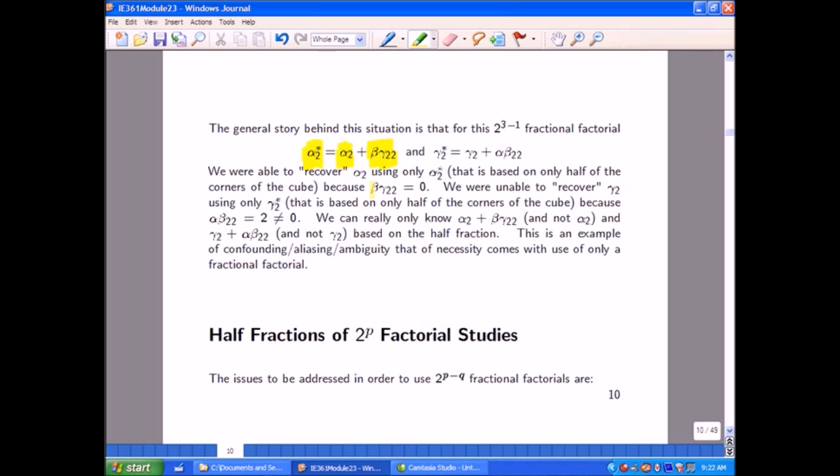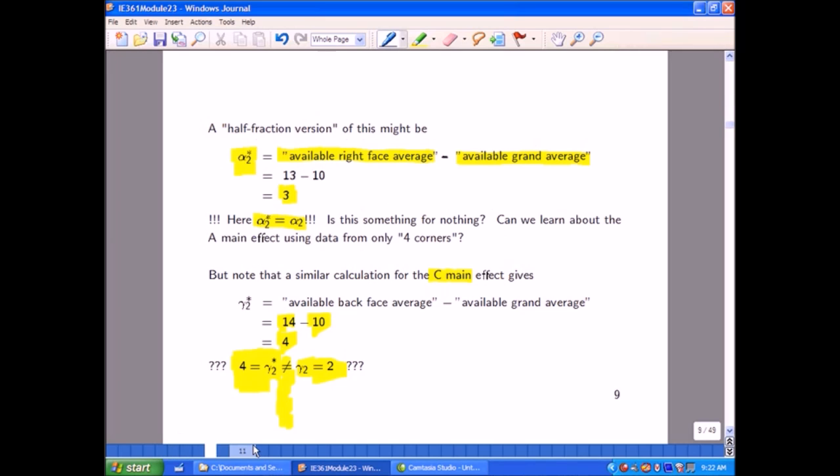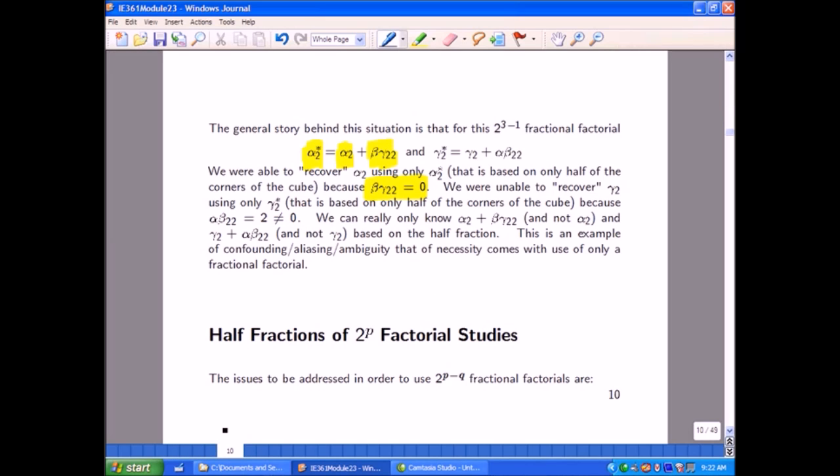And because when I set this problem up, I set the BC two-factor interaction down here equal to 0, then in my calculation, if this guy is 0, then this fellow and that fellow are the same.